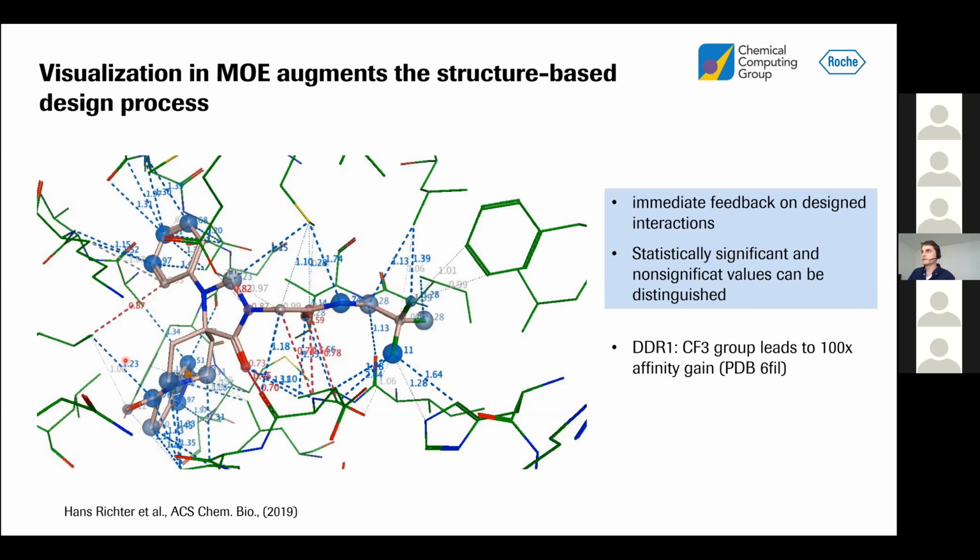So you can see when the user builds in these fluorines in this DDR1 example, you immediately get feedback that these fluorines are favorable, indicated by all the blue lines that pop up. And this is actually also reflected in an affinity gain in this particular example.